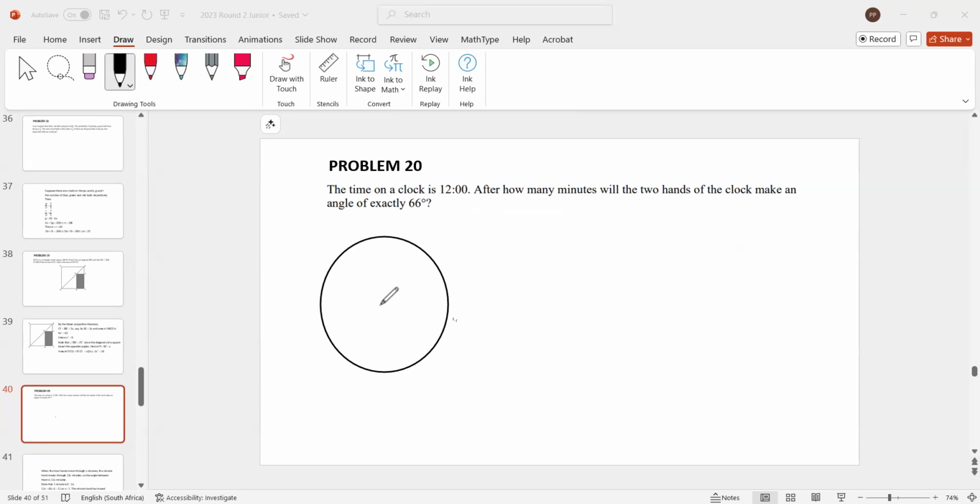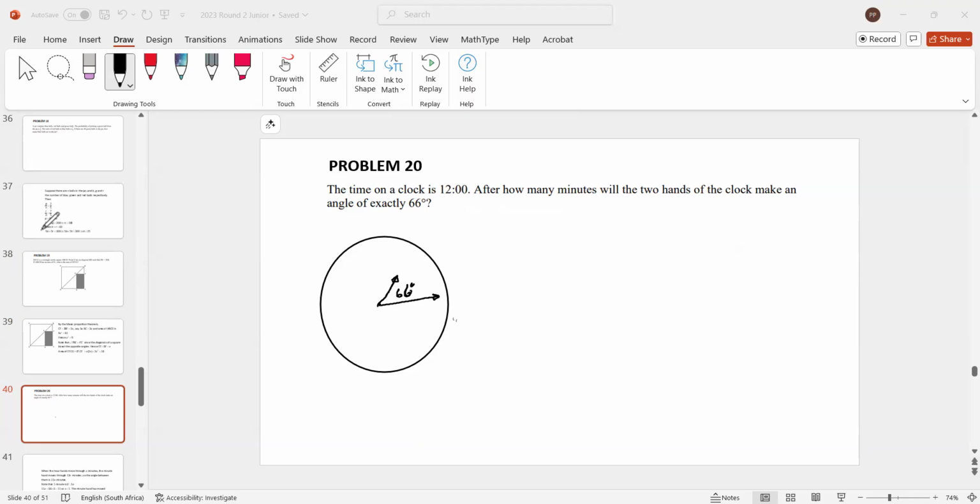All right, so you got a long hand, you got a short hand, you got the angle between them is 66 degrees. And the time currently is 12. So this is the end result.